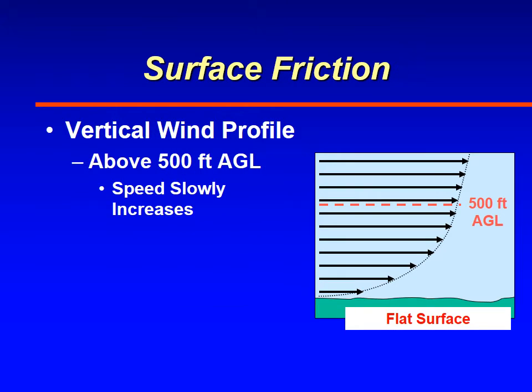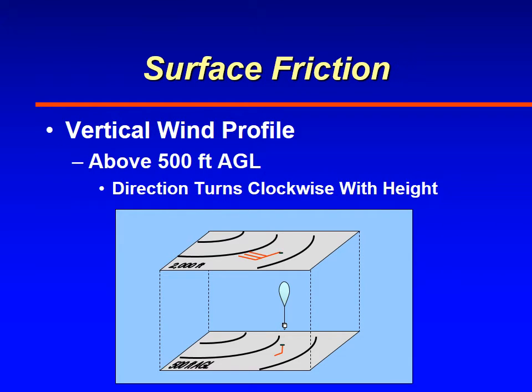Above 500 feet, the wind also does increase with height throughout the depth of the boundary layer, but it increases more slowly above 500 feet. But it does change direction, and that's what this diagram tries to show, is that down at the surface the winds are rather light, only about 10 knots, and they're blowing across the isobars.